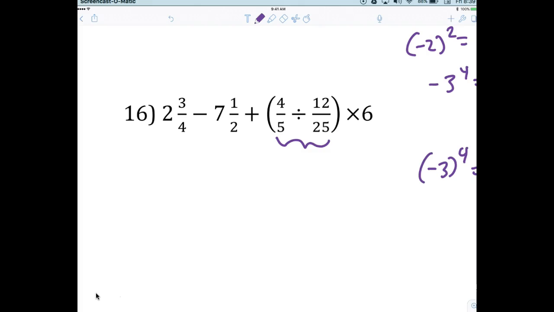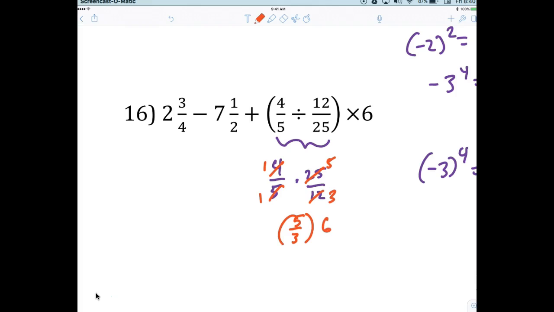You multiply by the reciprocal. So this is 4/5 times 25/12. And then you're just reducing. So when you're reducing, that becomes a 1. That's a 5, 1, and 3. So now I have 5/3 times 6.